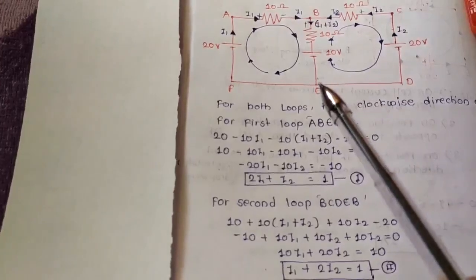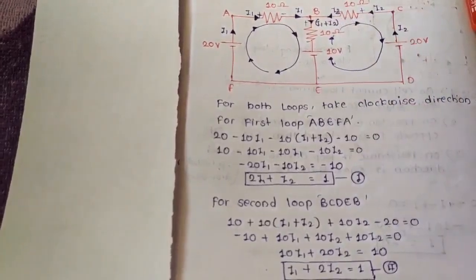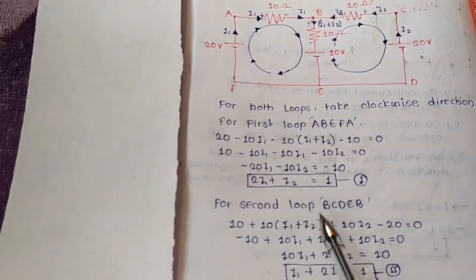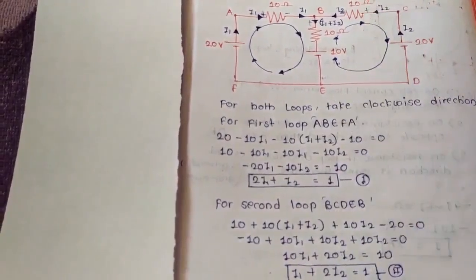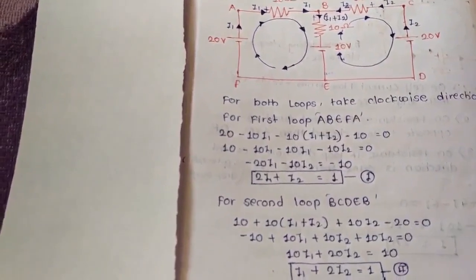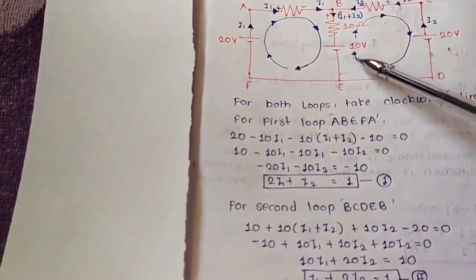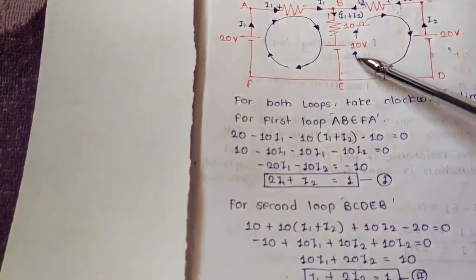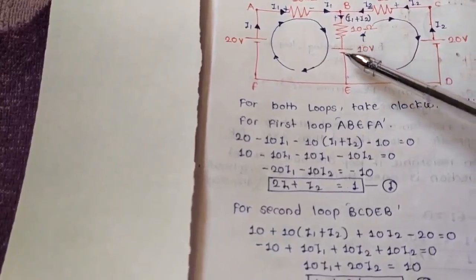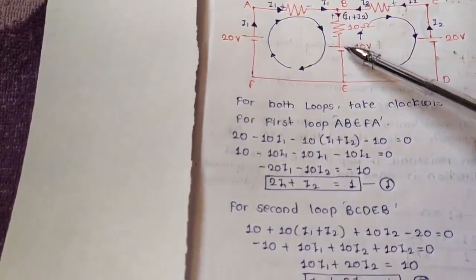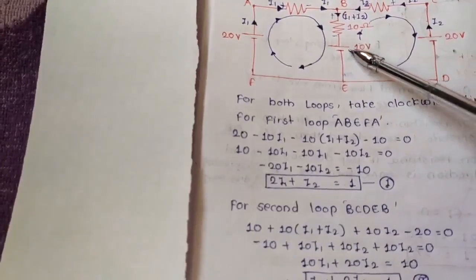Now see, loop second, E, B, C, D, E. Or we can write B, C, D, E, B. Okay. Take from this 10 volt C. Loop direction is clockwise, and here minus, plus, hence on a cell take this plus.